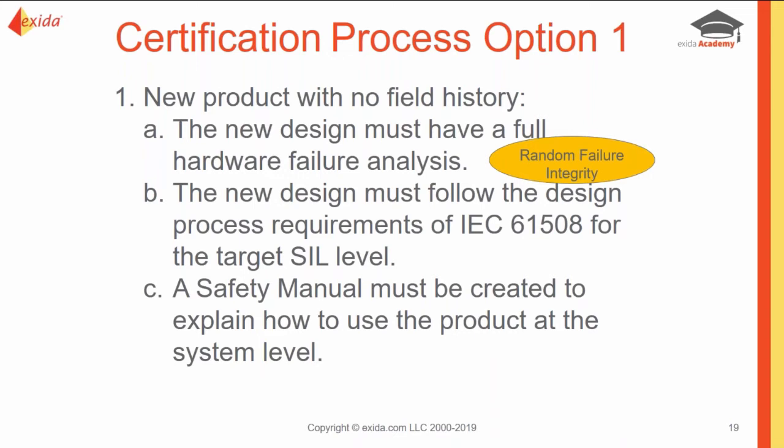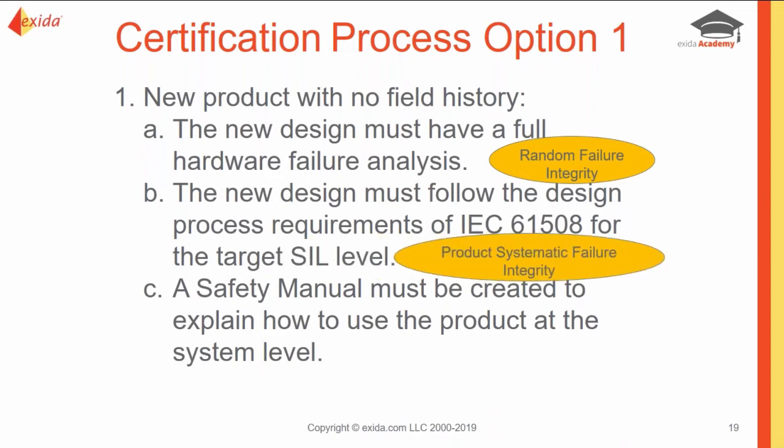The next portion of this certificate, you also need to have your design follow the rules and the requirements of IEC 61508 for whichever SIL level you're trying to achieve. So if you're trying to achieve SIL 1, you have all of the SIL 1 requirements, SIL 2, SIL 1 and 2 requirements, and SIL 3, you're going to have to do all the SIL 1, all the SIL 2, and the SIL 3 requirements.